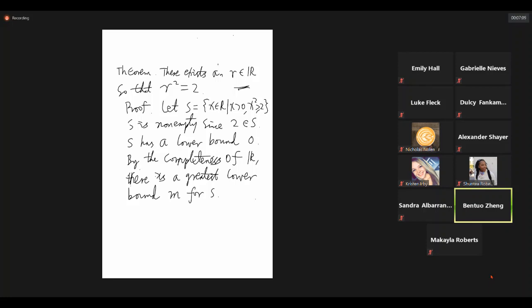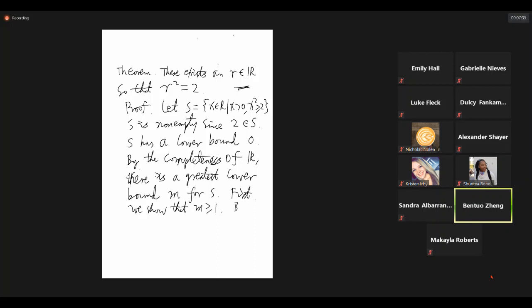Okay, so first we show that M is greater than or equal to 1. Why is this true?